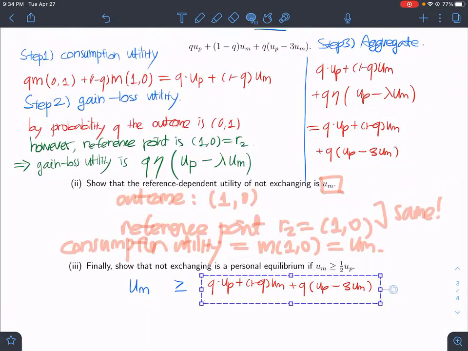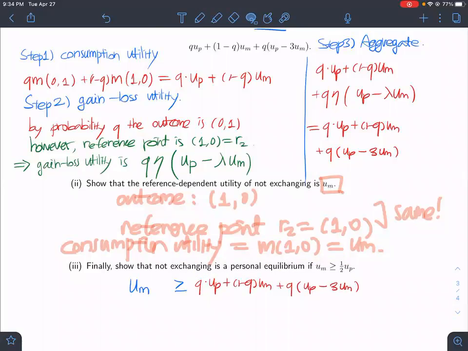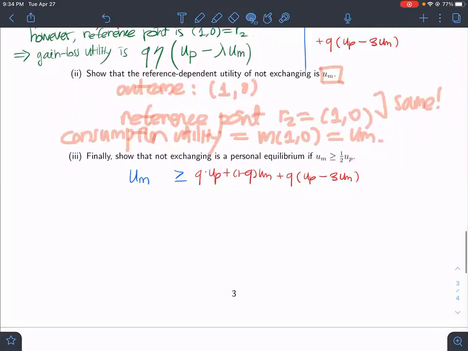Move this guy here. So this is the inequality we need. This is the utility of not exchanging. This is the utility of exchanging. So we just need to rearrange this inequality.